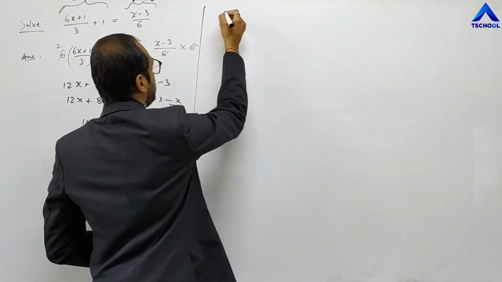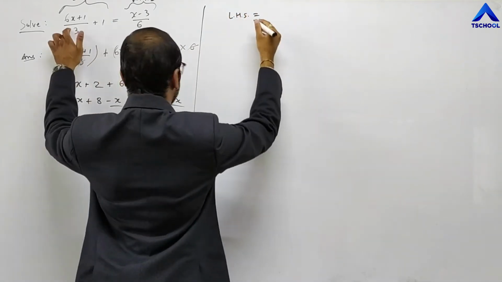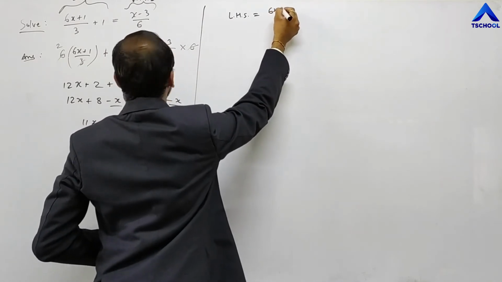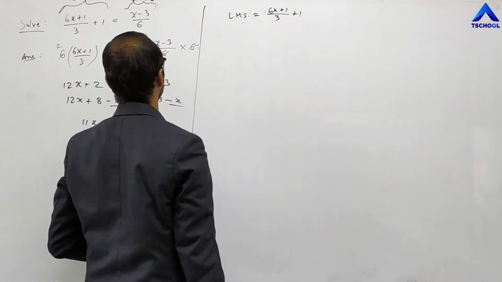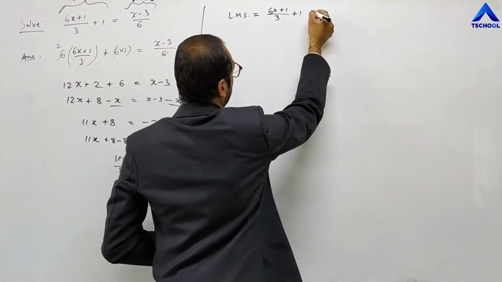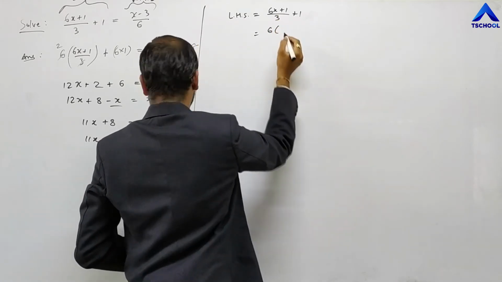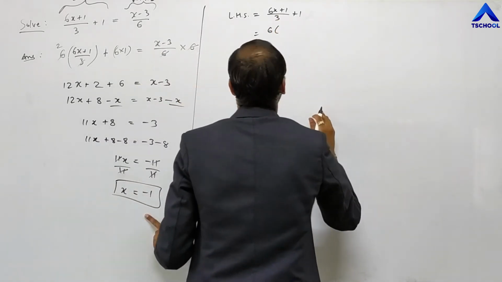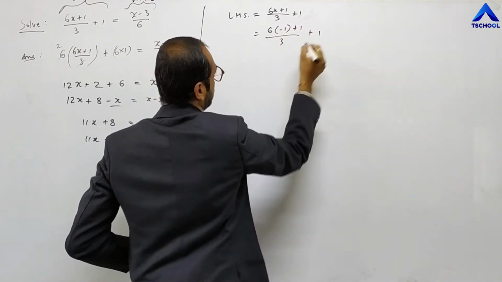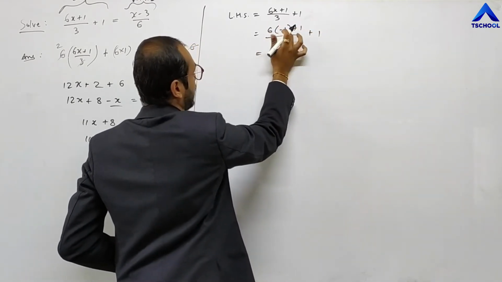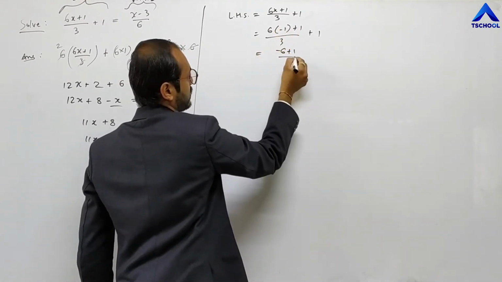So if we verify this, LHS equals, what is the equation of LHS? 6x plus 1 divided by 3, plus 1. So let us put the value of x here. x is minus 1. So the answer is minus 6 plus 1 divided by 3, plus 1. Here 6 ones are minus 6 plus 1.